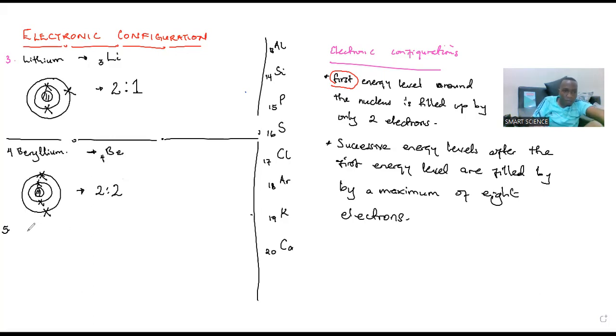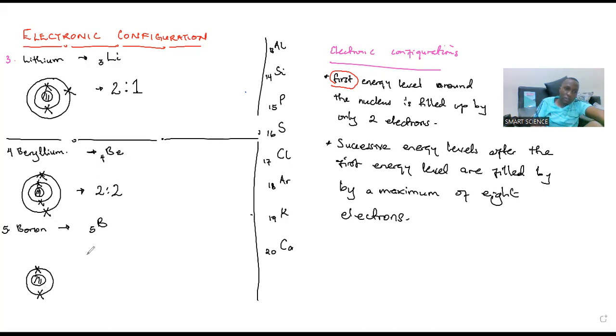Number 5, we are going to find boron, symbolized with capital B. We shall find out that atomic number is 5. Therefore, if this is the nucleus of boron, the first energy level around the nucleus takes up a maximum of 2.